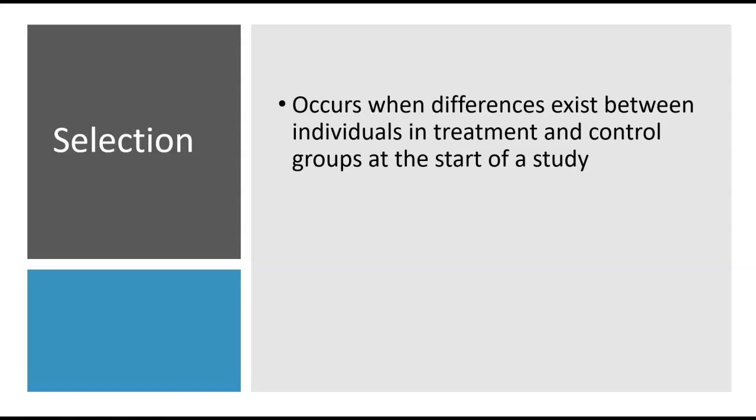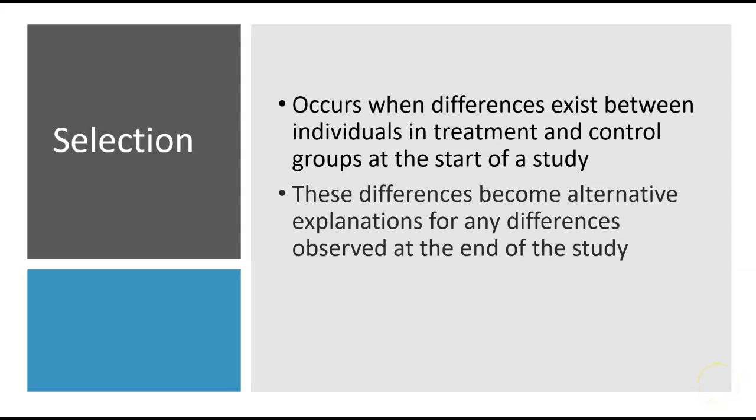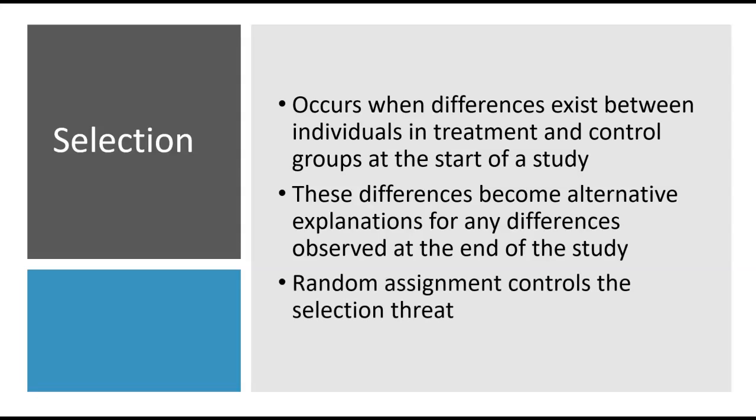They may be naturally existing groups. If you miss something that's different about them, you don't do pre-testing, for example, or the pre-testing measures that you use aren't sensitive to a particular difference you weren't expecting, you may end up with a selection effect. These differences then can become an alternate explanation for any effects that you observe.